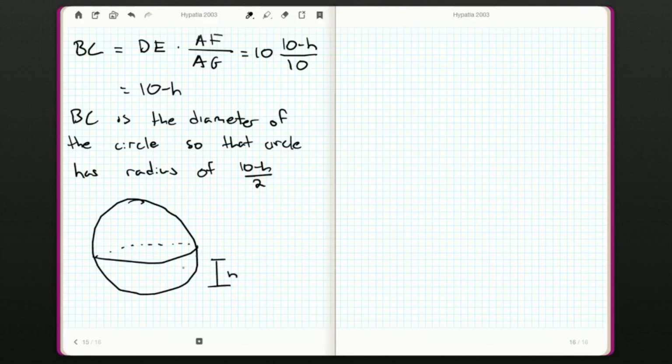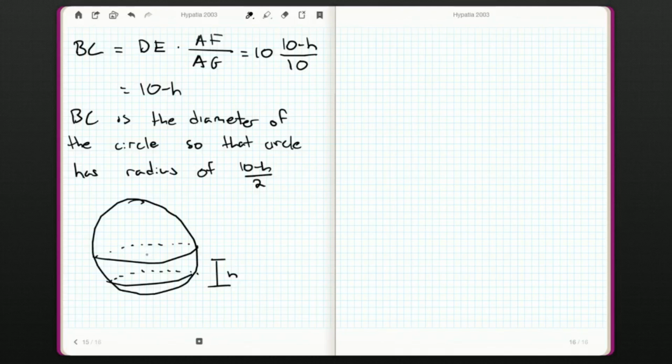If h is below the halfway point, we'll get a circle below the halfway point. But if it's above, we sort of get a circle above the halfway point, and there's no nice linear expression for the radius, like we have 10 minus h over 2. It's not h squared, it's not square root of h, it's nothing like that. It's just a 10 minus h over 2, and that's nice and linear, and we can work with that.